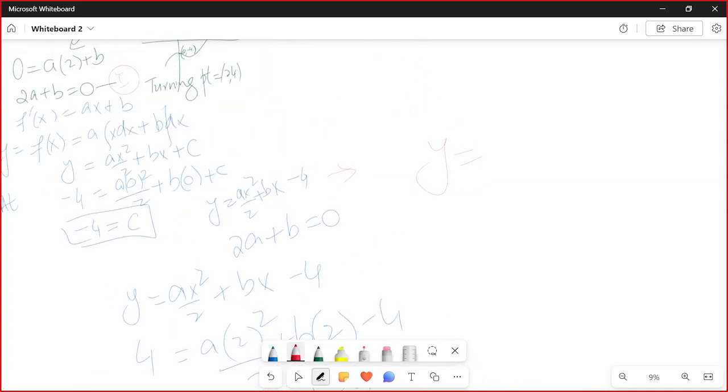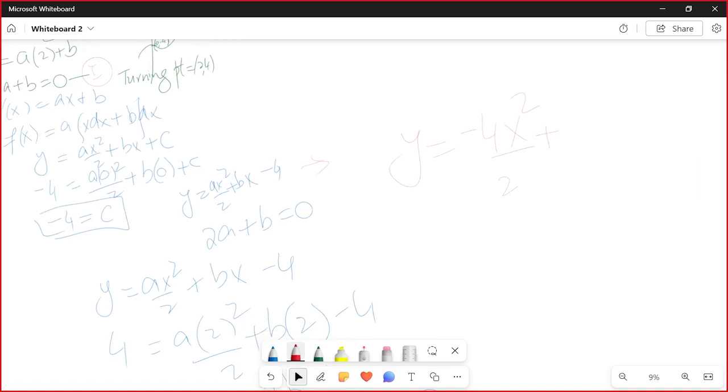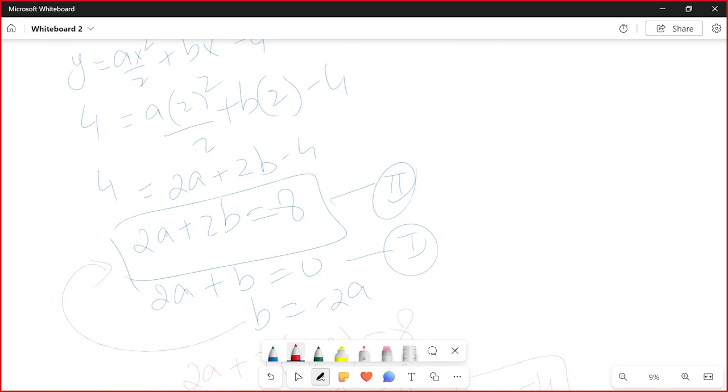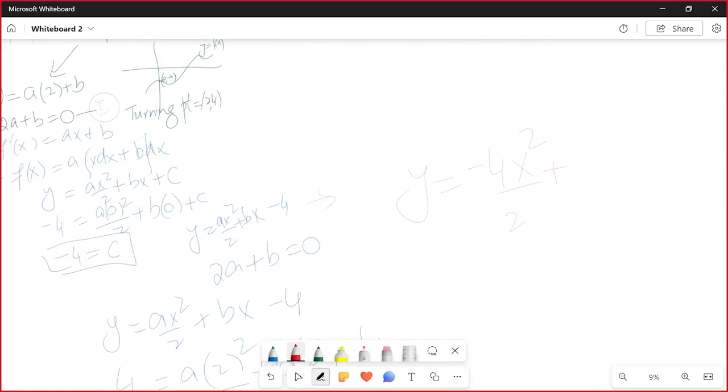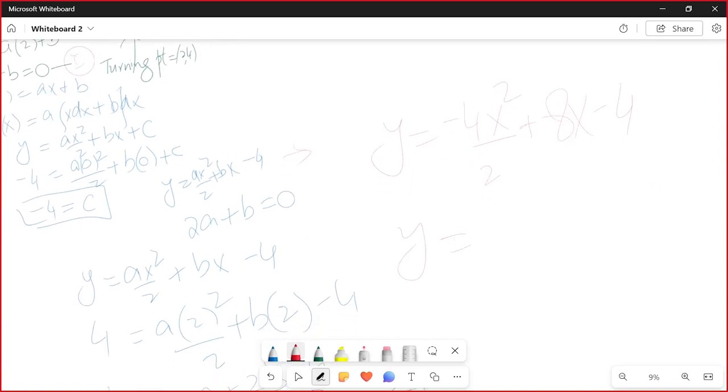So y is equal to negative 4x square over 2, and b was positive 8, so plus 8x minus 4. This means y is equal to negative 2x square plus 8x minus 4.